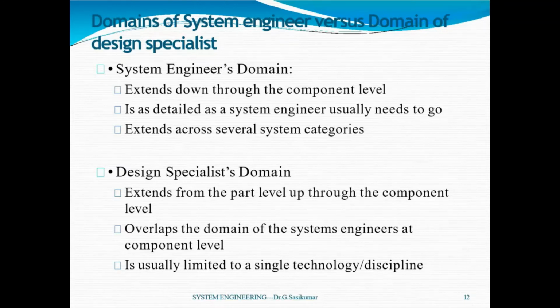Someone who wants to become a system engineer, according to the domain, for example network, intelligent systems, image processing, or bioinformatics, must have knowledge of the component level. They must extend down through system analysis in this area, as well as across several system categories.